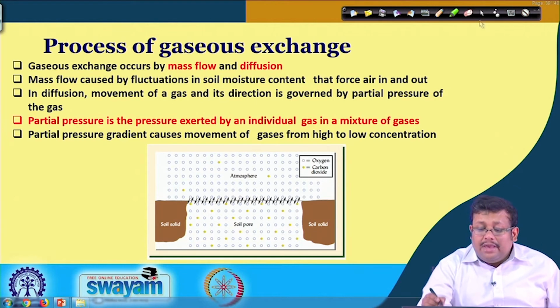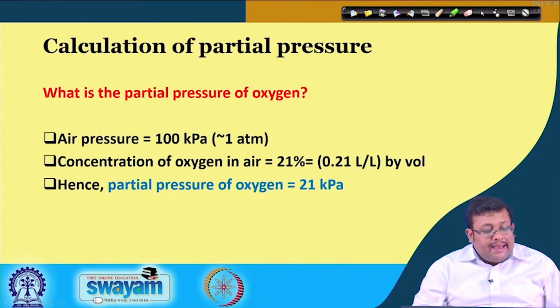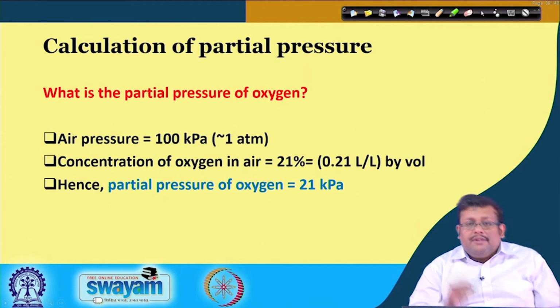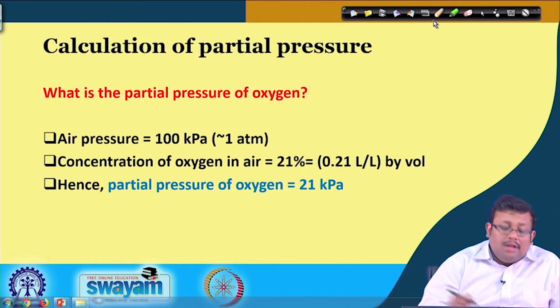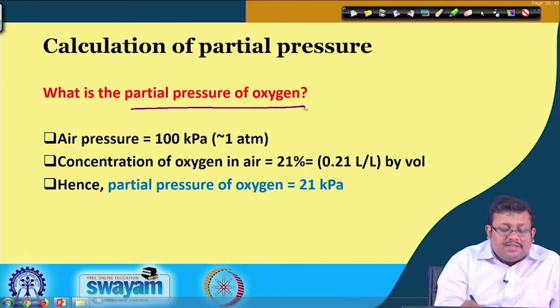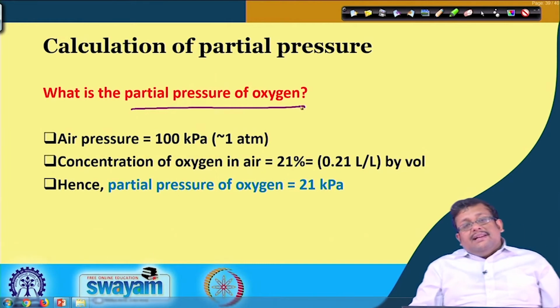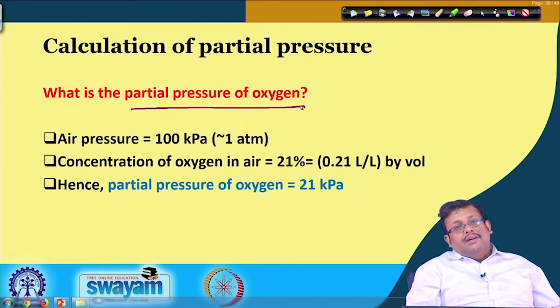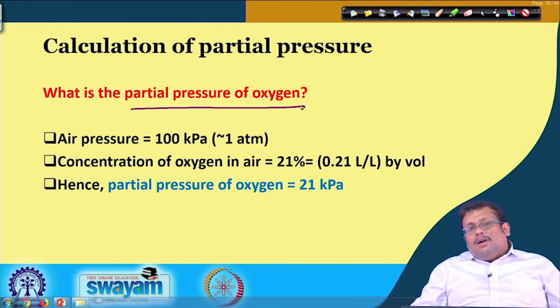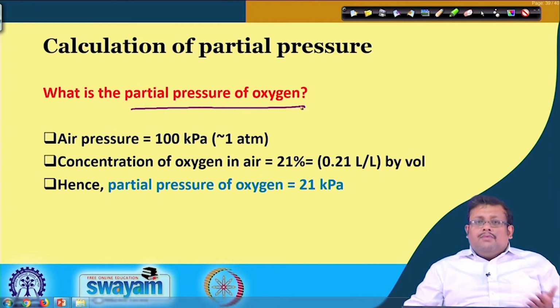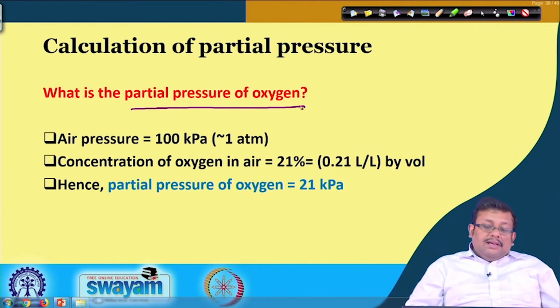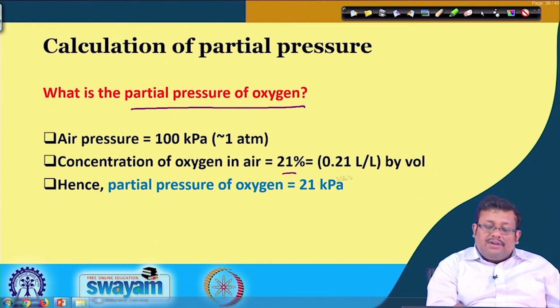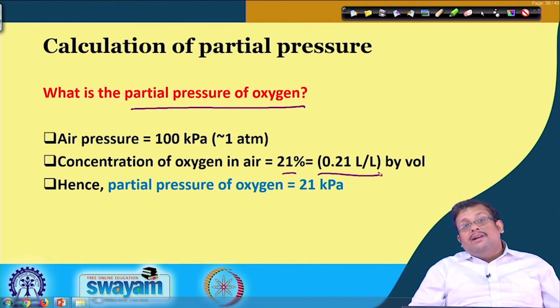So, how do we express partial pressure? Well, let us see an example of partial pressure of oxygen. Let us assume that air pressure is 100 kilopascal or 1 atmosphere, and the concentration of oxygen in atmospheric air is around 21%, or volumetrically 0.21 liter per liter by volume.